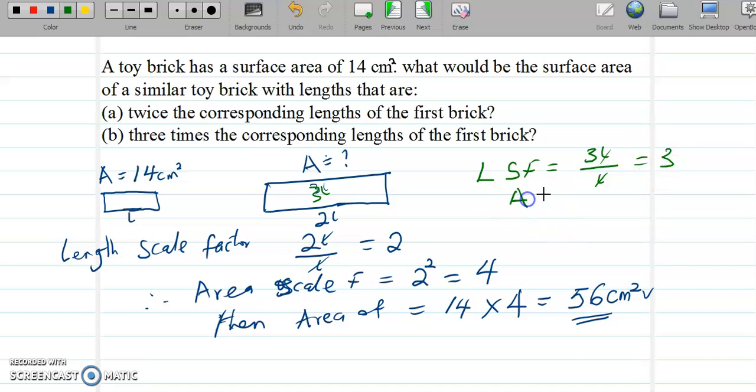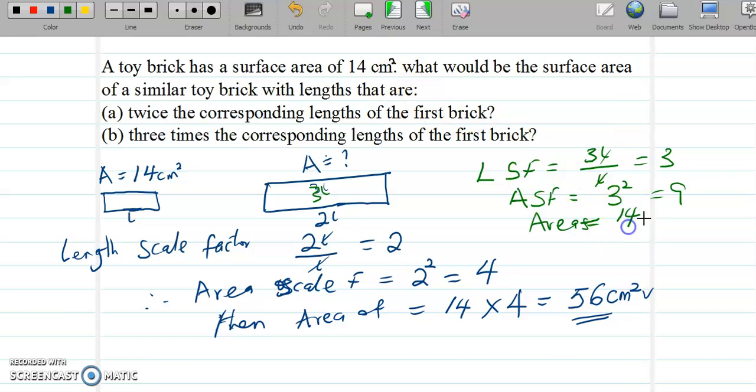The area scale factor will be 3 squared. The cube scale factor will be 3 cubed. I hope you know that. Since we are looking for the area, that gives us 3 squared, which is 9.